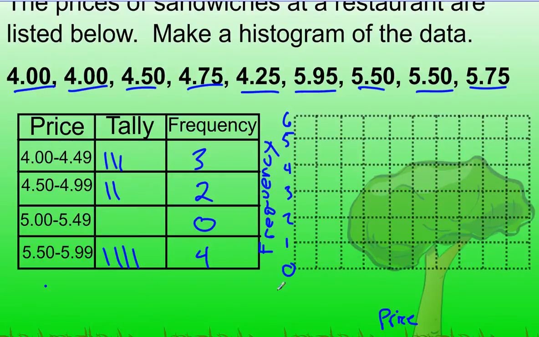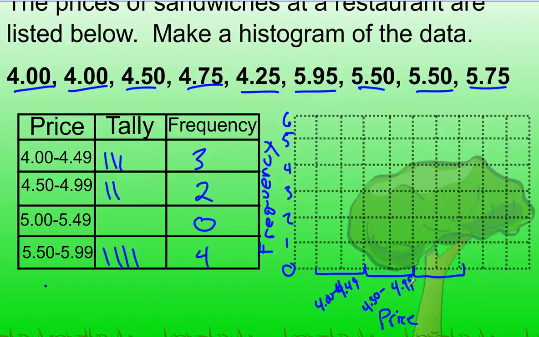So how would it be correct? Well, if we take this space here for the first one, this is from $4 to $4.49. The second bar would be right up next to it. This is from $4.50 through $4.99.